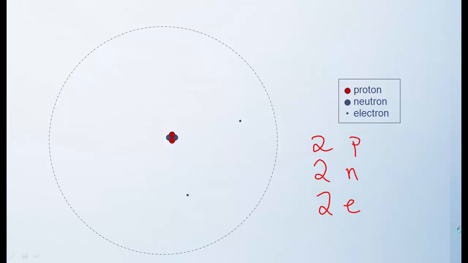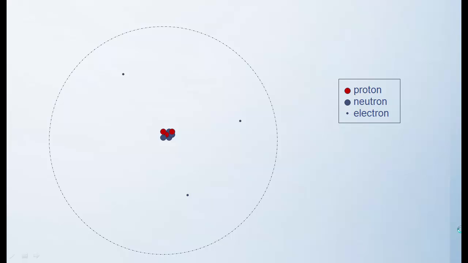These in principle don't have to be equal to each other. There's no reason they should. But we do see that the number of protons is equal to the number of electrons. That tells us we have a neutral atom. And because we have two protons, this, believe it or not, tells us which type of atom we have. We look at the periodic table and we see that helium has an atomic number of 2. So we know that this is a helium atom.